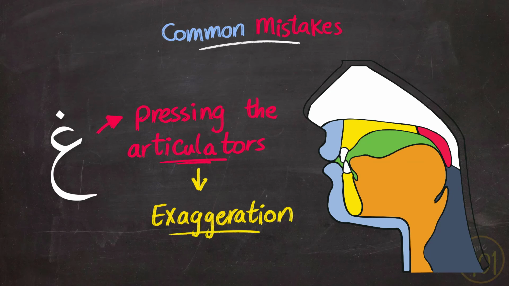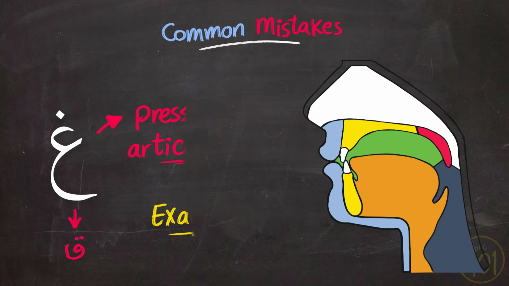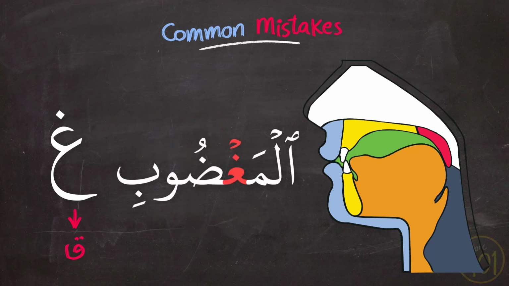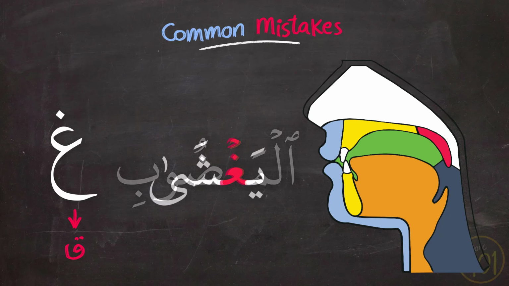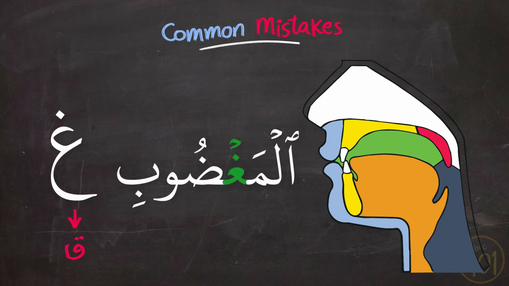The result is that the sound will stop and it will sound more like a qaf rather than ghain. It sounds like this. Al-maqdoob yaqsha. While the sound of ghain should flow smoothly and it has the ability to continue.